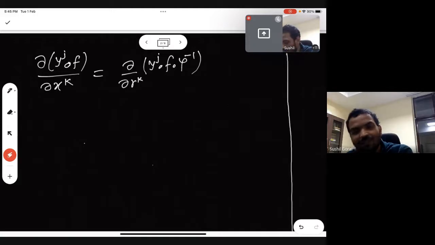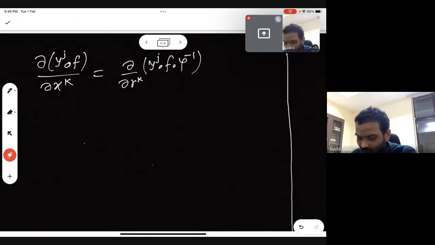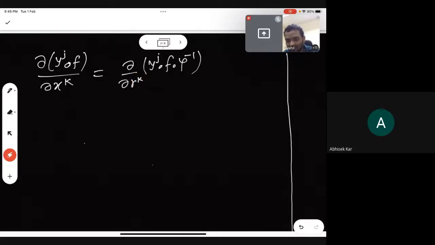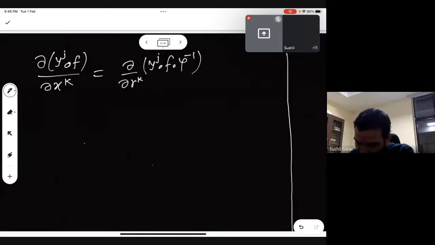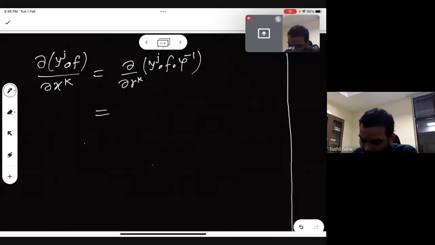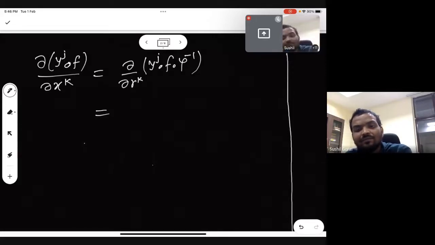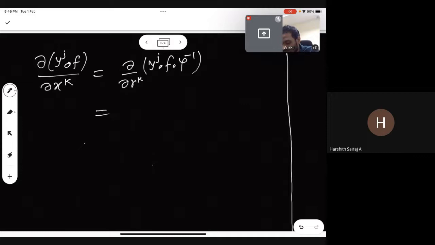Consistency of notation is very important, so that's why I'm a bit careful here. What notation did I use last time, downstairs or upstairs? It was upstairs, yes sir. Okay. Now what is yj? It is r^j applied on psi.